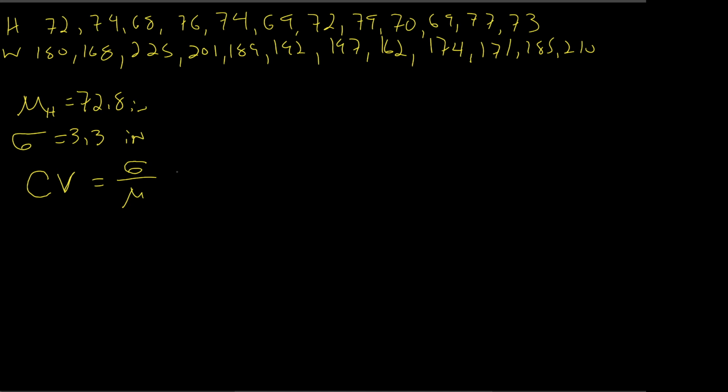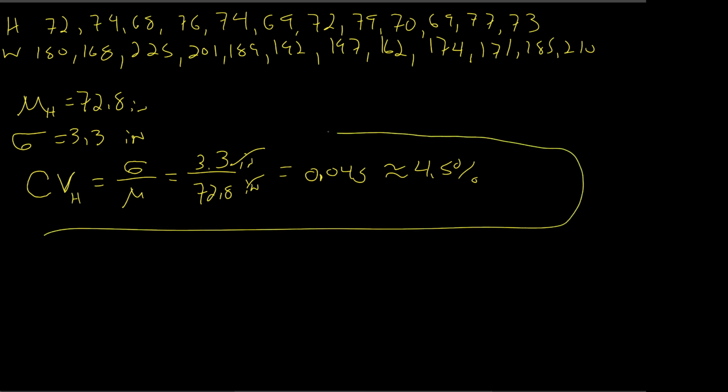And what this will do is take the 3.3 and divide it by 72.8 inches. But inches over inches cancels out, and I get a pure percentage. I get 0.045 or 4.5%. And this is for the height. And so I can say that there is a coefficient of variation of 4.5% for the height.